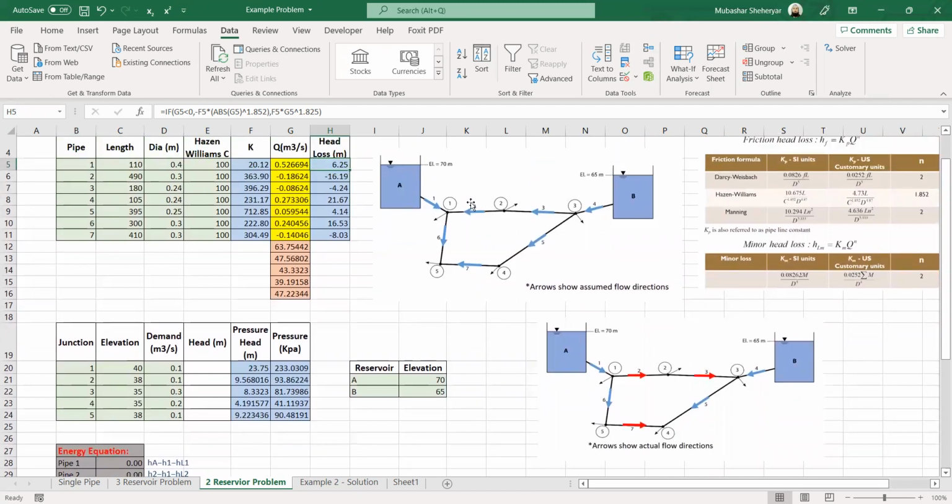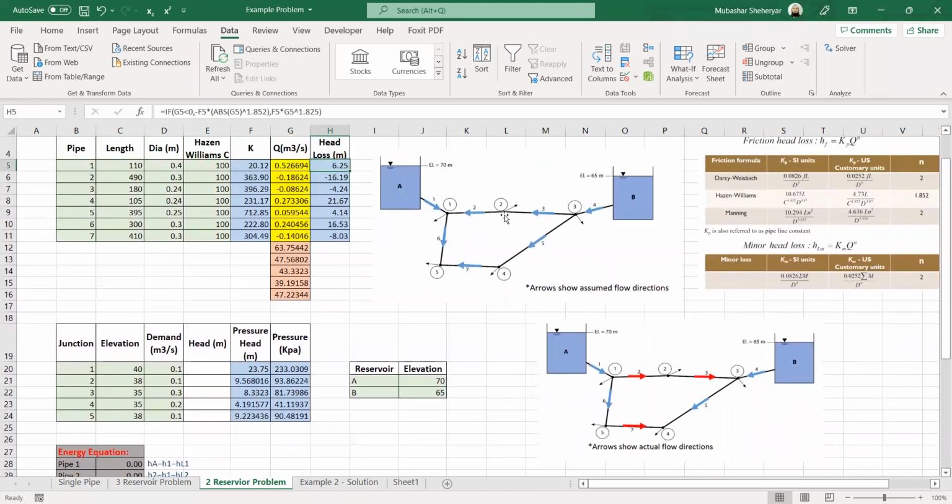Similarly for pipe 2, it will be equal to the head at 2 minus the head at 1 minus the head losses occurring in pipe 2. Similarly, for pipe 3, the head at 3 minus the head at 2 minus the head losses occurring through pipe 3. Similarly, for pipe 4, the head at B minus the head at 3 minus the head losses occurring in pipe 4.